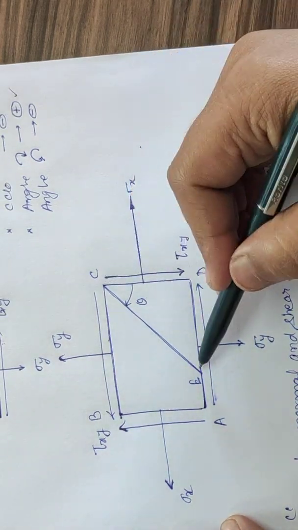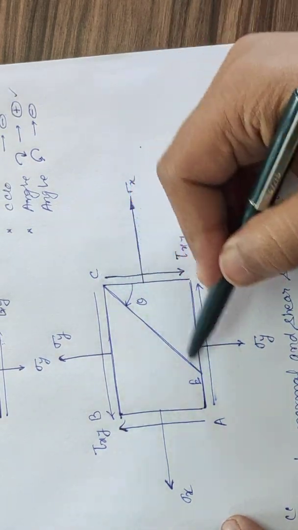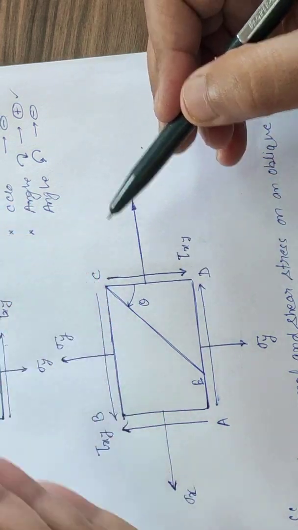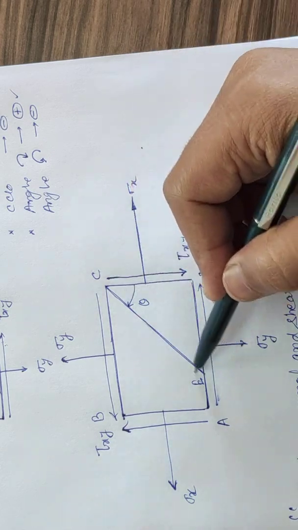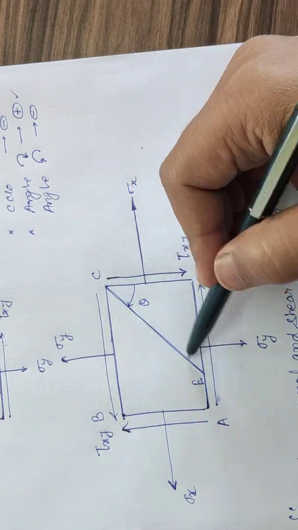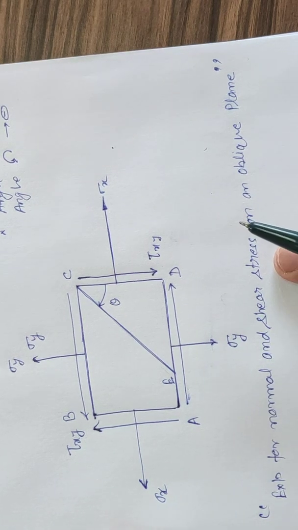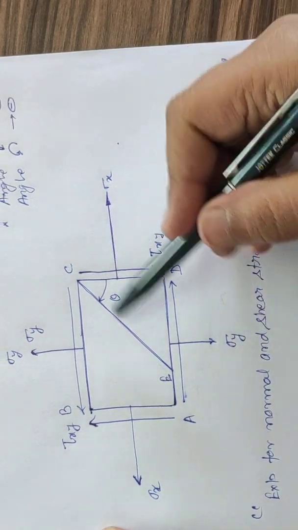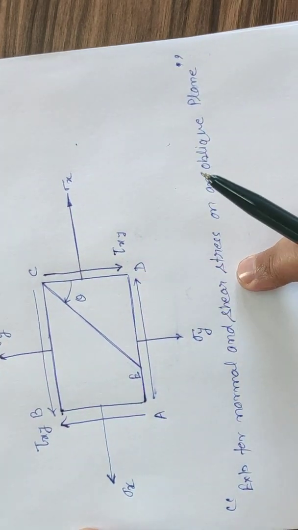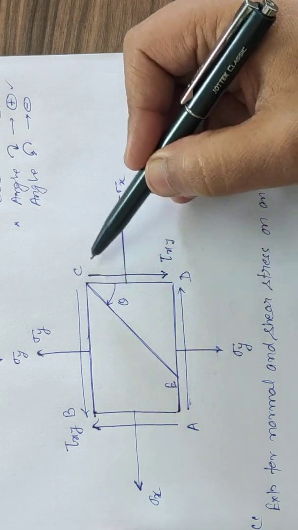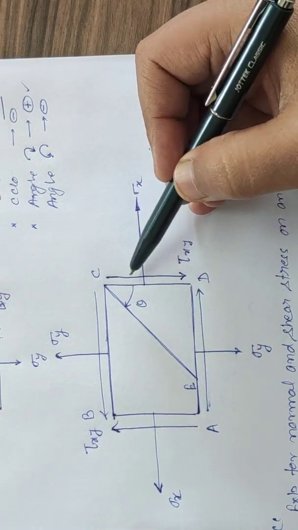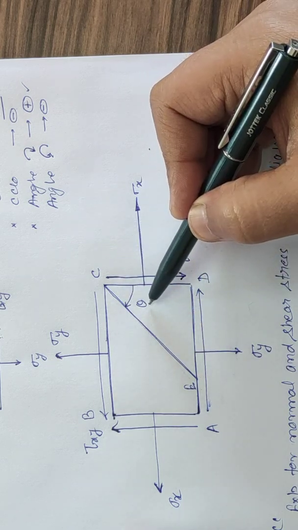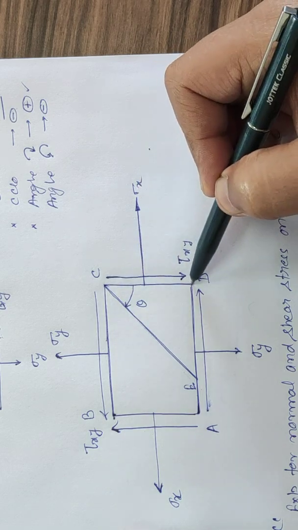So we have taken a plane; in three dimensions we can see we have depth in the z direction. On this plane we have to calculate the normal stress and shear stress, and the location of the plane is given by the angle theta from plane CD.